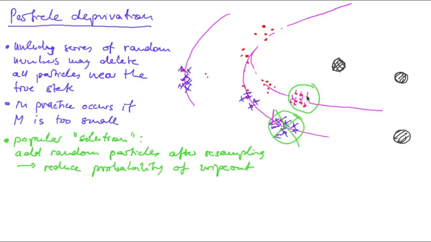So in this case here, we would add some random particles, and due to the fact that one of those random particles is close to the real state, its weight would be much larger than the other weights, and so in resampling, this would quickly gather many more particles, and eventually this solution would die out. Now the downside of this is that by adding random particles, I modify the distribution, and so I obtain an incorrect posterior.